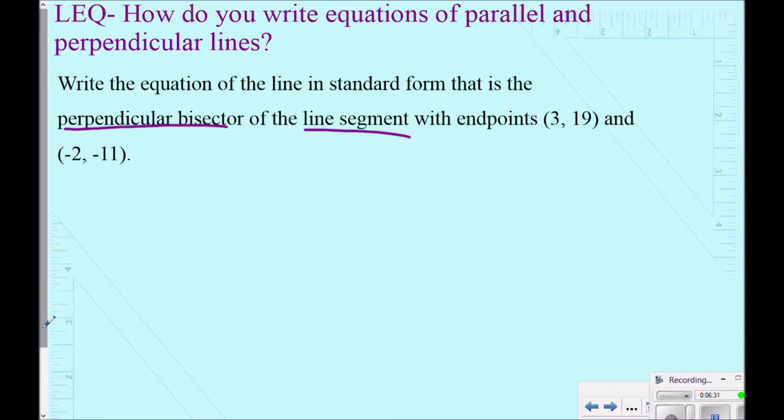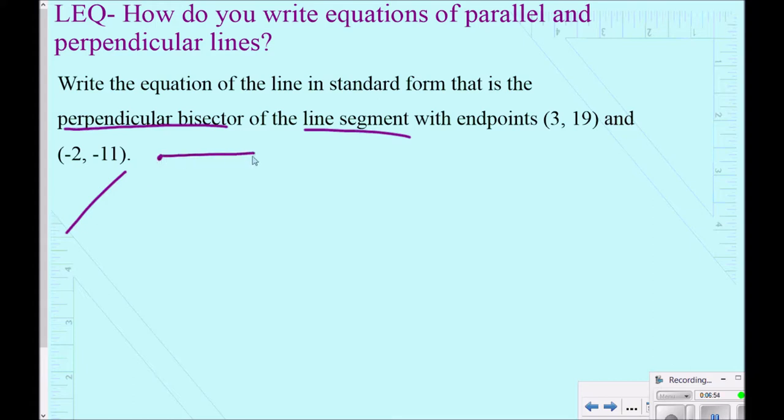So if I were to plot (-2, -11) on an xy coordinate plane, we know that's left 2 and down 11. And if I plotted (3, 19), that's right 3 and up 19. Well, that would give me a diagonal line segment. I'm going to just flatten that line segment out for demonstration purposes here.